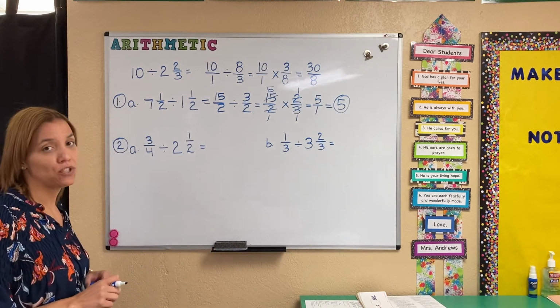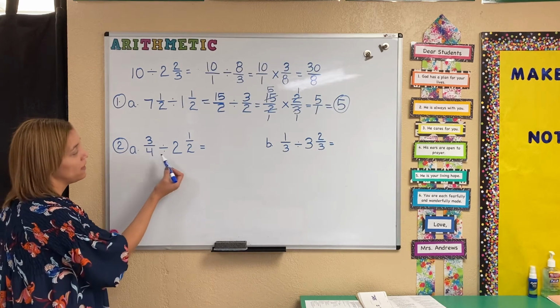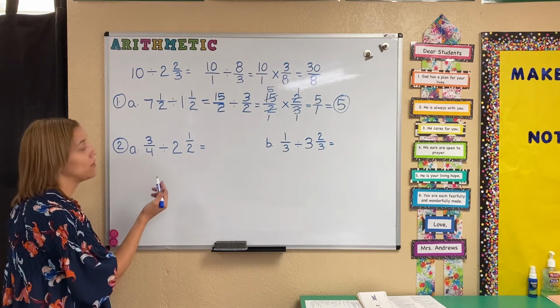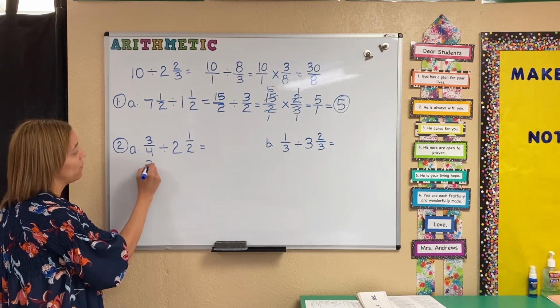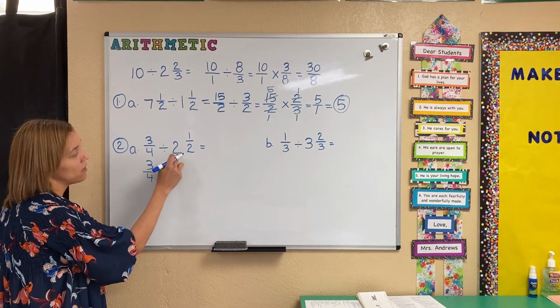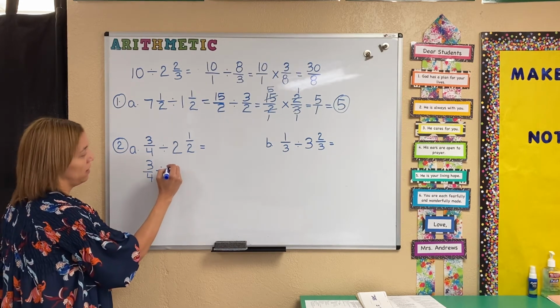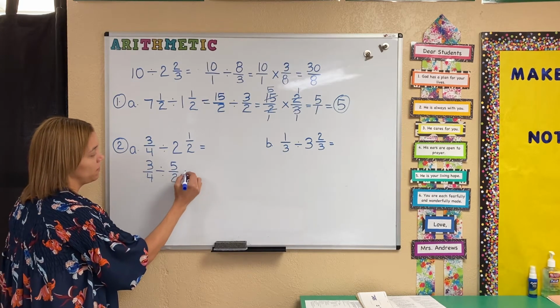Let's look at number 2, letter A. We have 3/4 divided by 2.5. The first thing that we want to do is rewrite this. So we have 3/4 divided by 2 times 2 plus 1, so that would be 5/2.